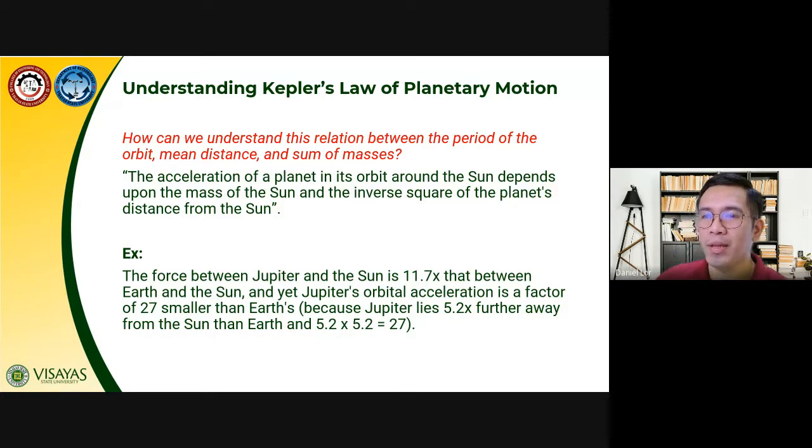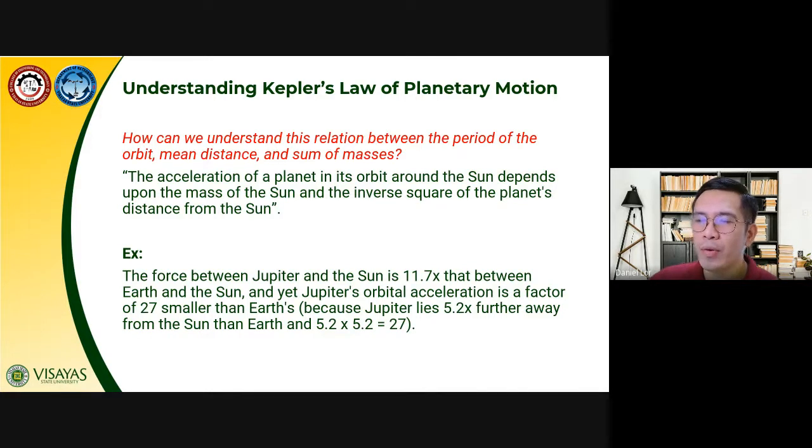So for example, the force between Jupiter and the sun is 11.7 times that between the Earth and the sun. And yet, Jupiter's orbital acceleration is a factor of 27 smaller than the Earth's because Jupiter lies 5.2 times further away from the sun than the Earth. And 5.2 times 5.2 is equal to 27.